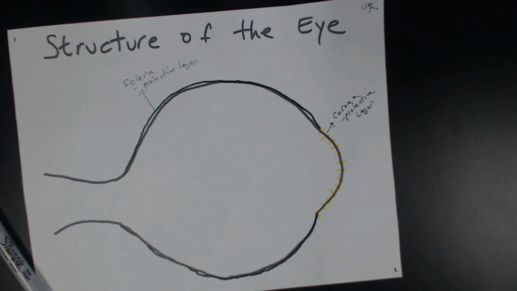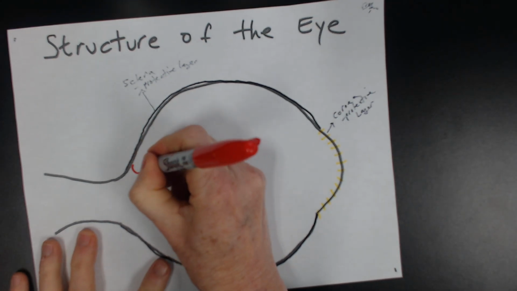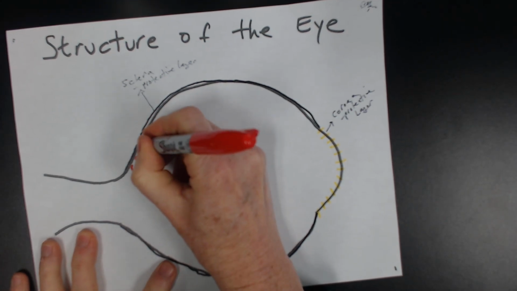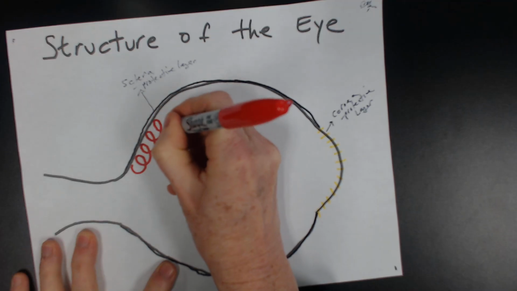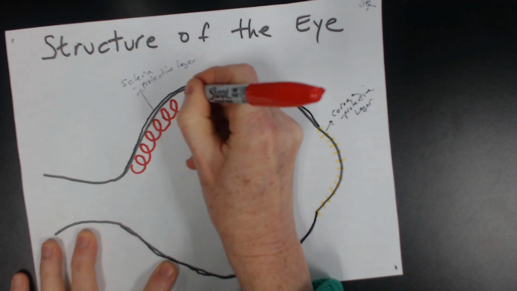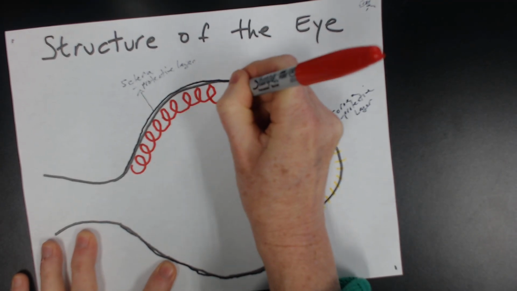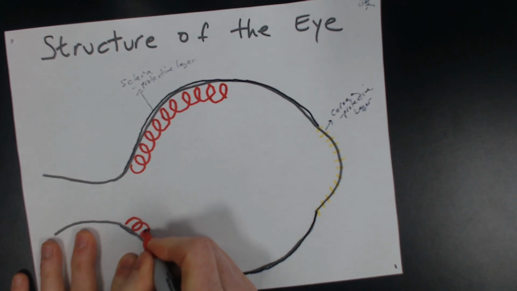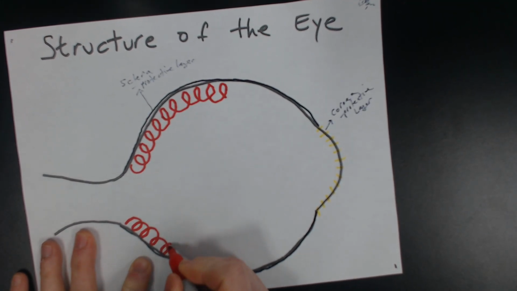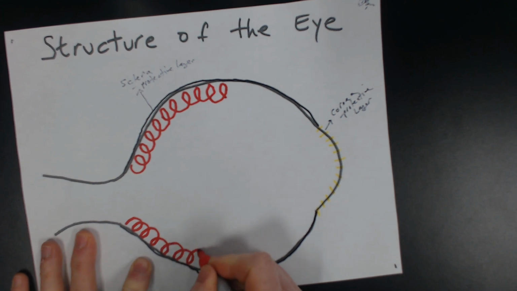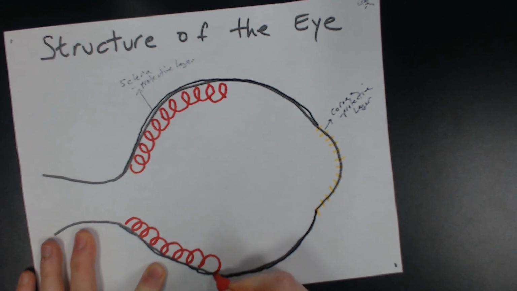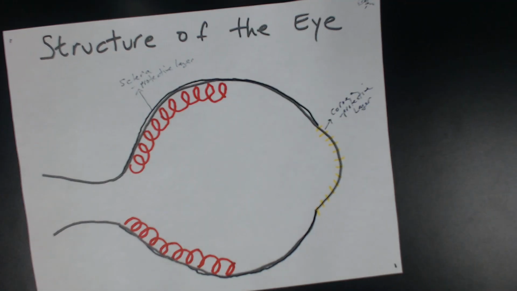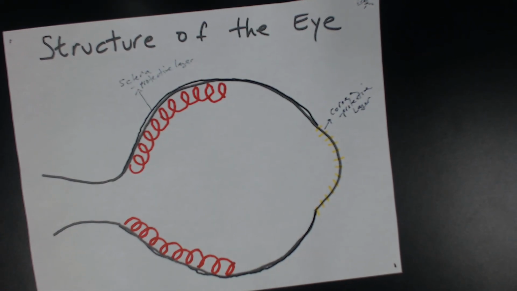Moving on to the next layer. The next layer is a vascular layer. I'm going to represent the vascular with this red color here. This vascular layer goes about halfway through, all around the inside of the eyeball. A highly vascularized structure.